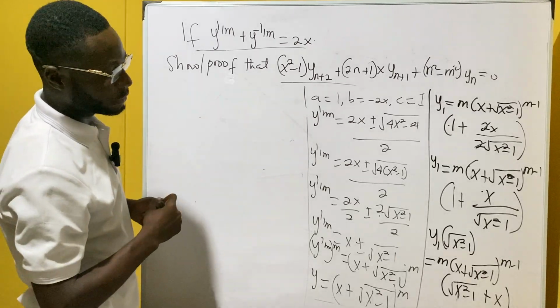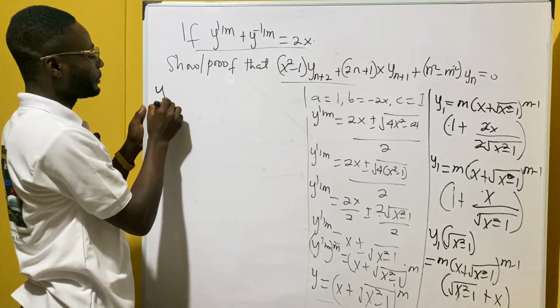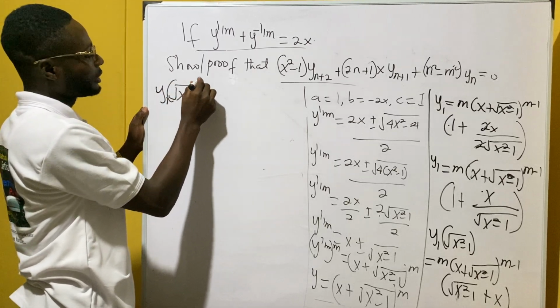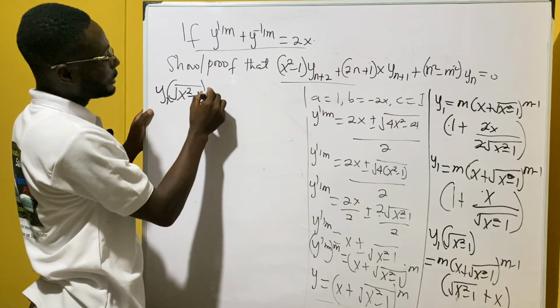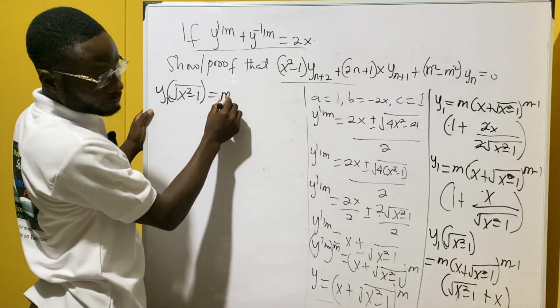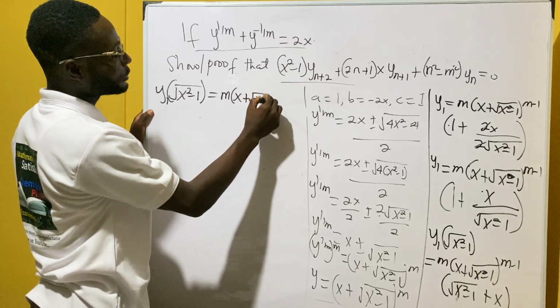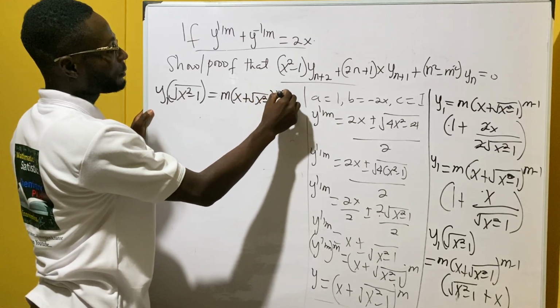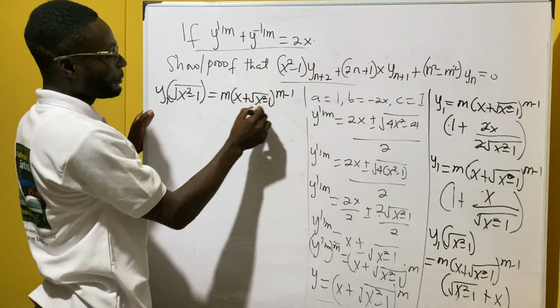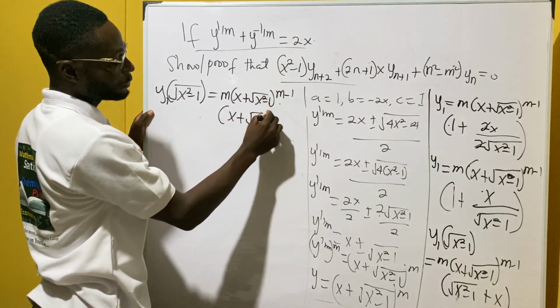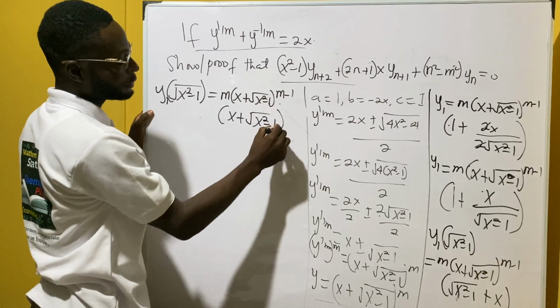So let's go. So y prime into square root of x squared minus 1 is equal to m into x plus square root of x squared minus 1 to the power m minus 1, multiplied by x plus square root of x squared minus 1.